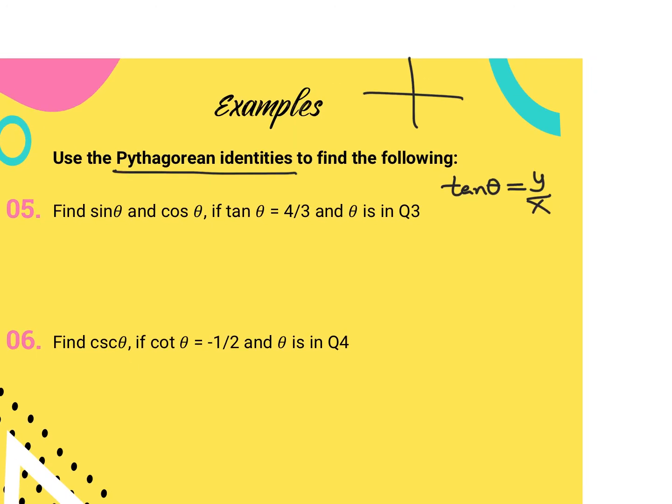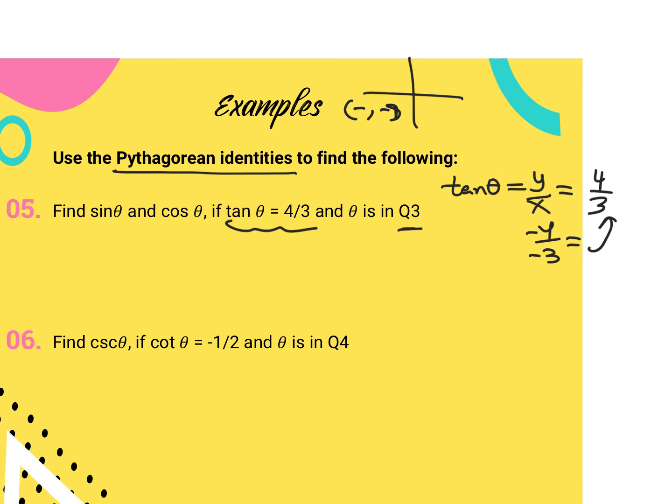So if they've already given me what tangent equals, and remember in quadrant 3, the signs are negative, negative. So if my signs are negative, negative, this told me that this initially was -4, -3 to turn into +4 over 3.